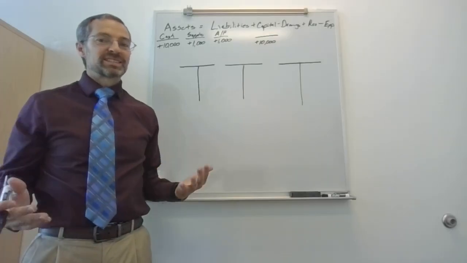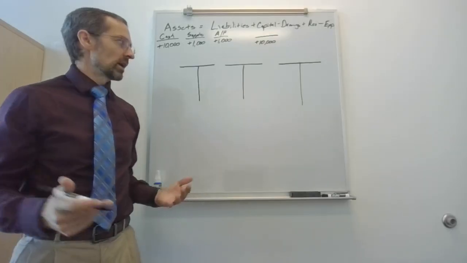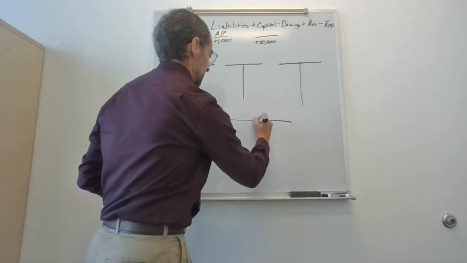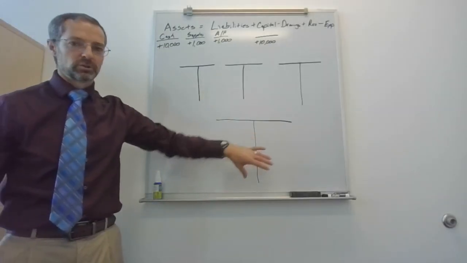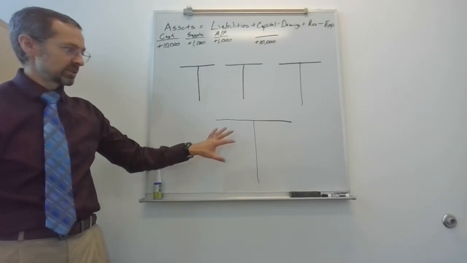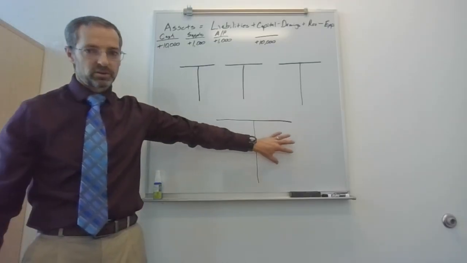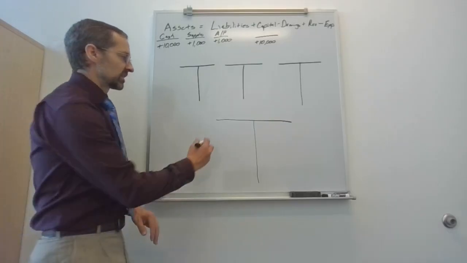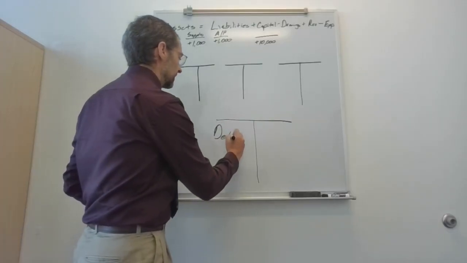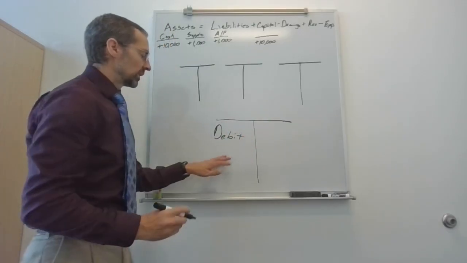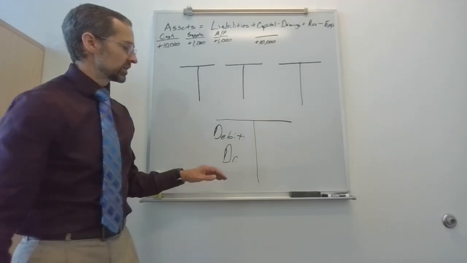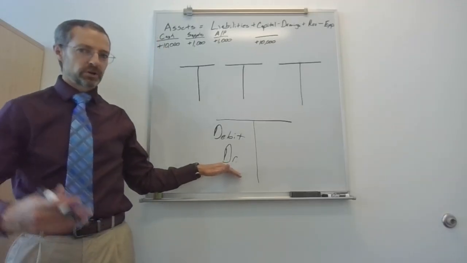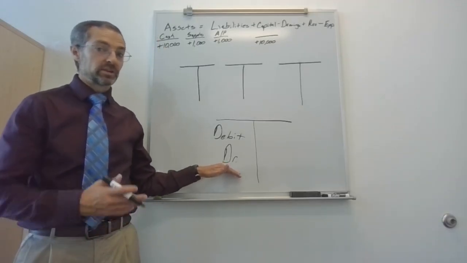Debits and credits simply mean left and right. So I'm going to draw, these are called T accounts right here, and we use them to learn about accounting because a T account has a left side and a right side. The left side is called the debit side. We abbreviate it DR, which seems a little strange, but 400 years ago that actually stood for debitor.